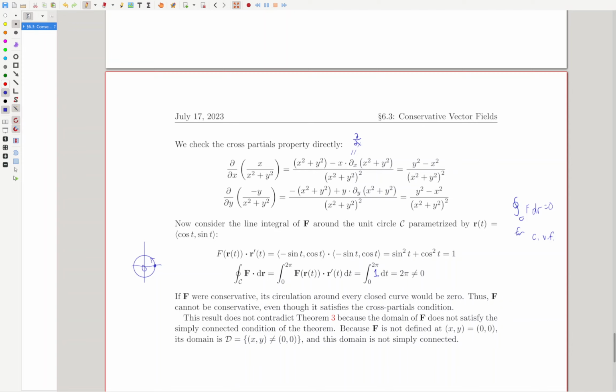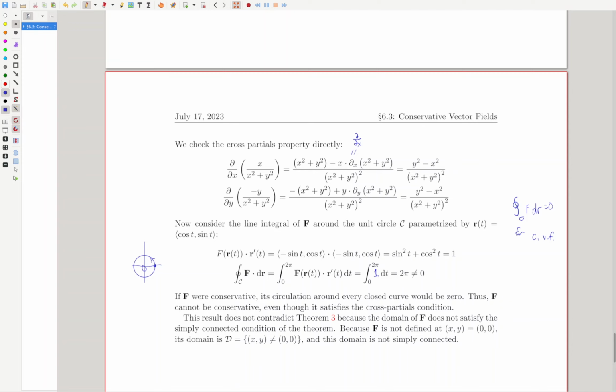So this violates the property that conservative vector fields have, which is that they are path independent. If this vector field was conservative, it would have to be path independent, which would mean that the line integrals over loops would have to equal 0. But we don't have that.